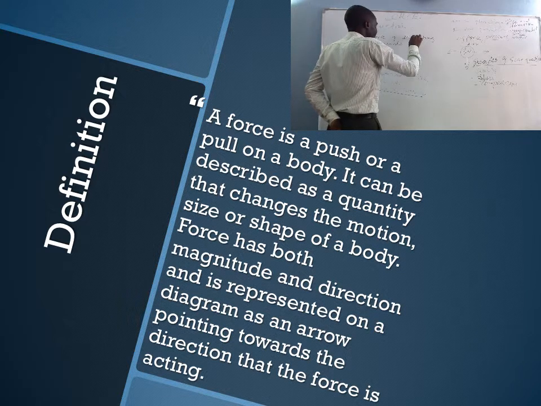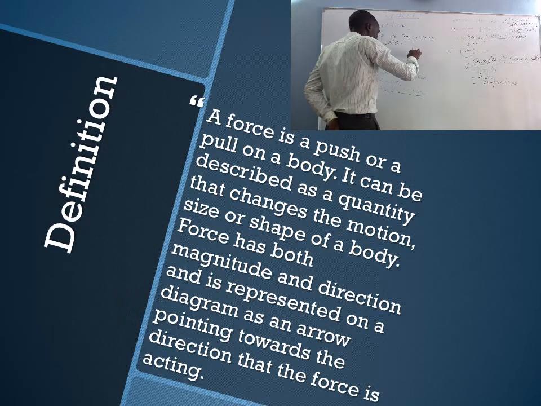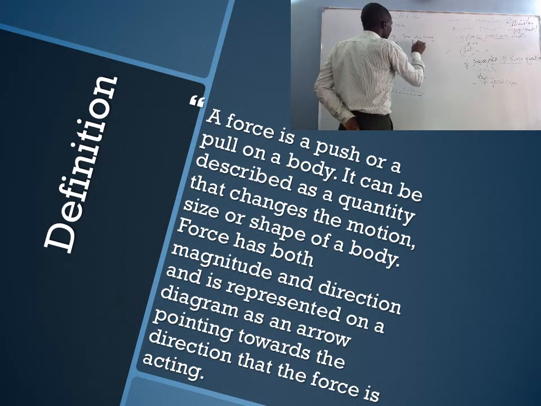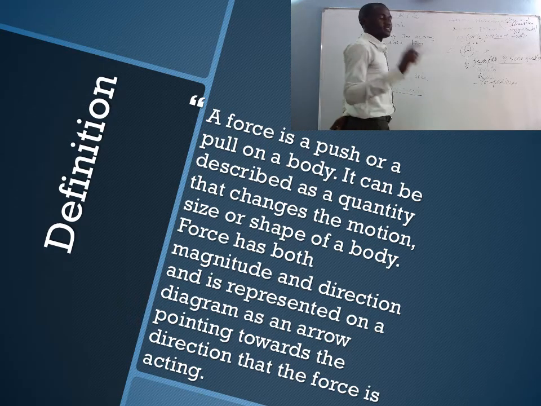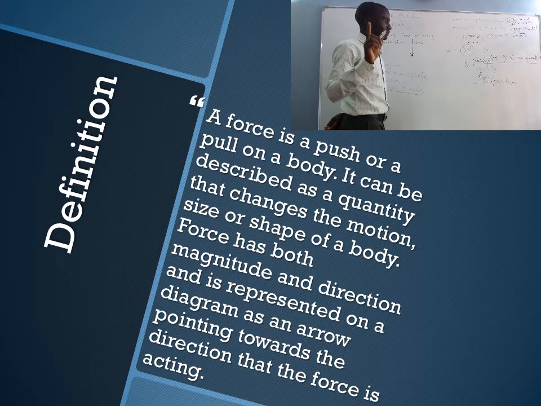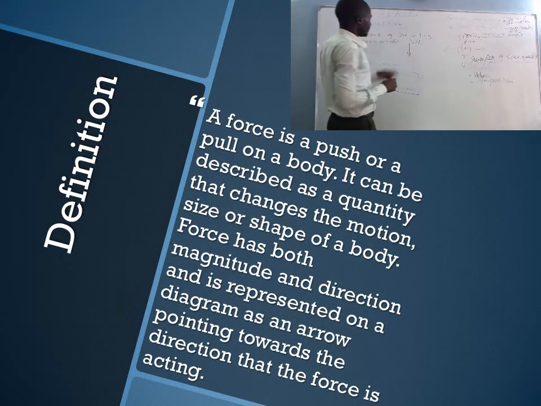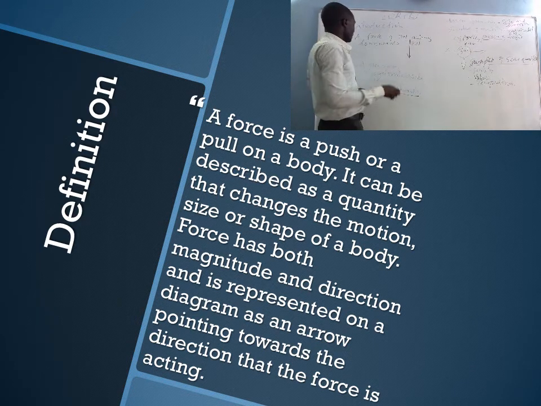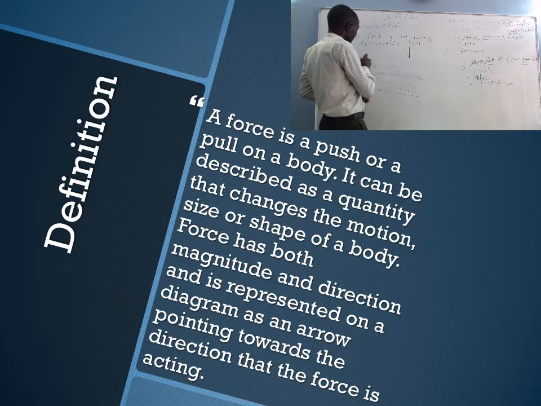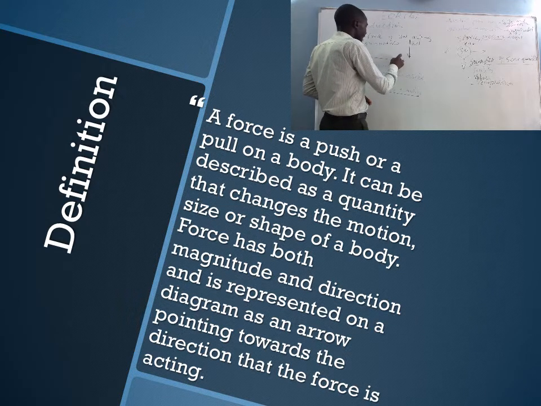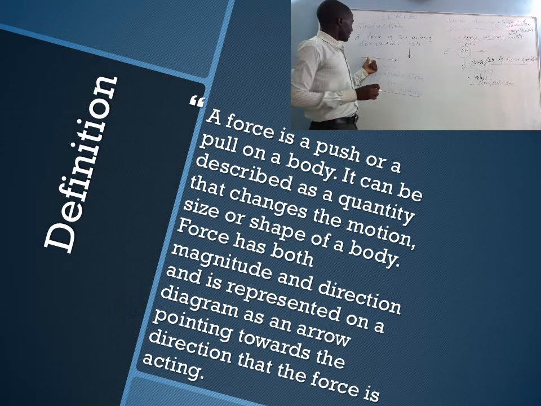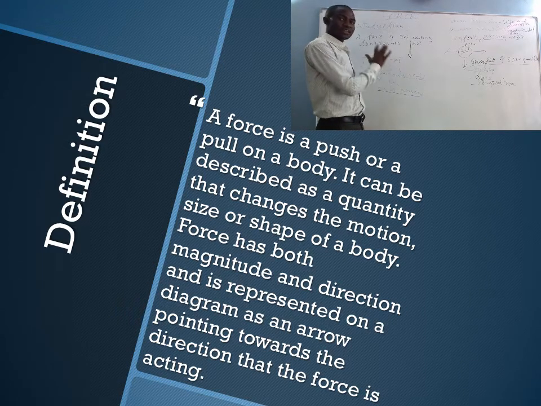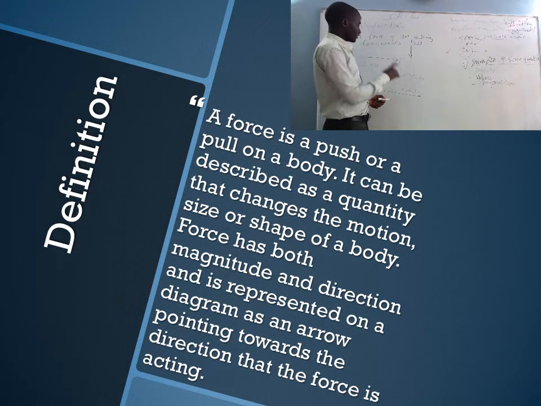The arrow tells us the direction in which the force is acting, and the 3 newtons is the magnitude of that particular force. So generally, a force is represented in a diagram with an arrow. The tip of the arrow shows us the direction in which the force is acting.